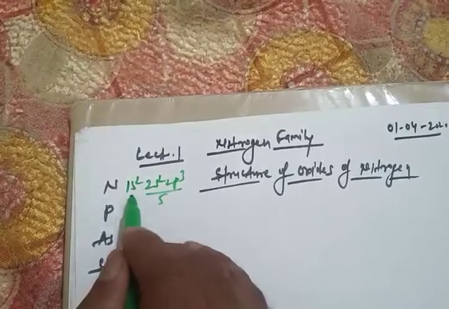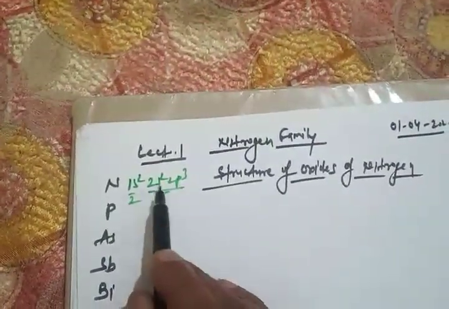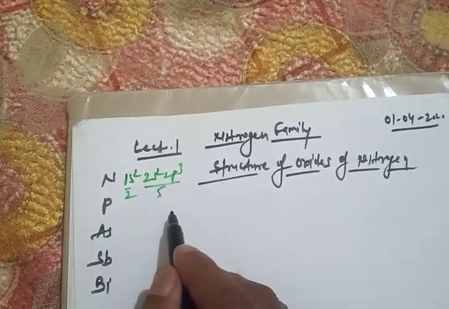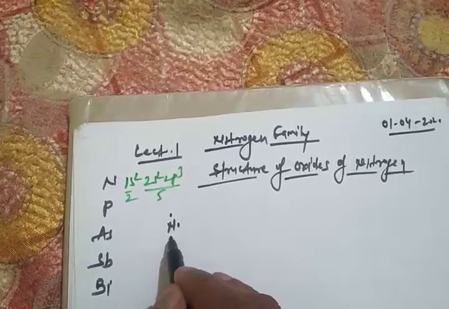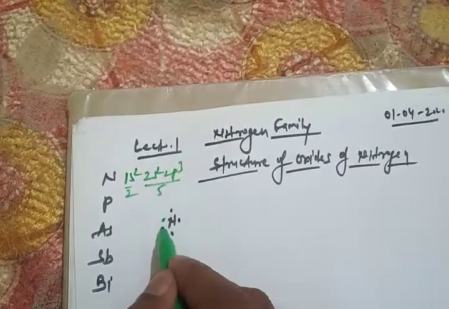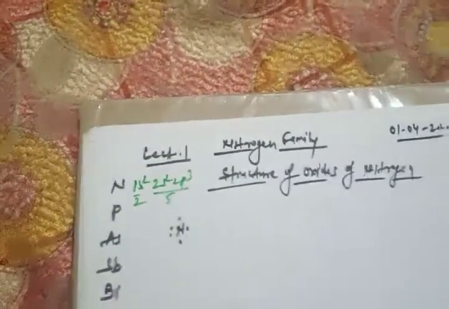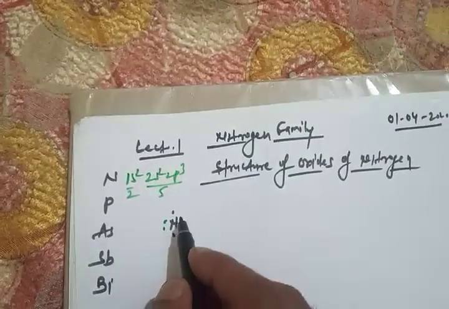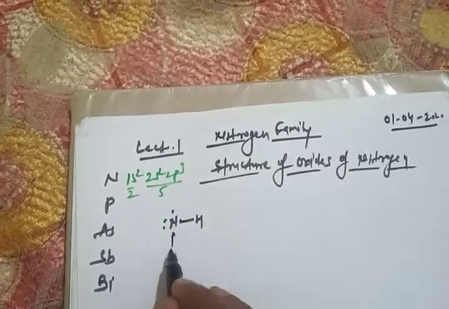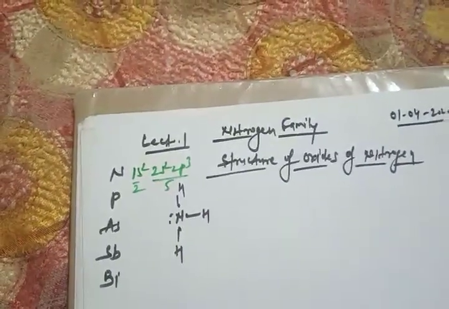So the outermost valence shell contains 5 electrons, in which 3 are unpaired electrons and 2 are paired. The structure looks like this: 1, 2, and 3 in the Lewis dot structure, and 4 and 5. These 3 unpaired electrons will form 3 bonds. This is how the bond formation occurs.